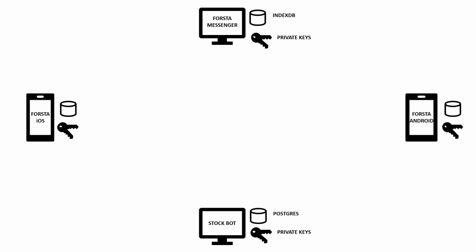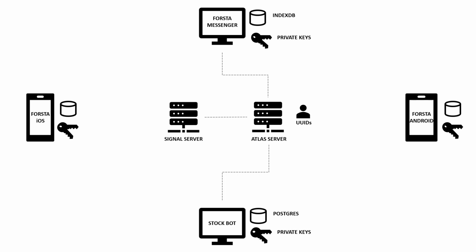Every client must register through the Atlas server in order to be given a unique user identifier to associate with their account. These unique user identifiers are used by Signal server in order to transport messages to the appropriate recipients. When a user sends a message through Forsta, that message is encrypted using Signal's double ratcheting algorithm.